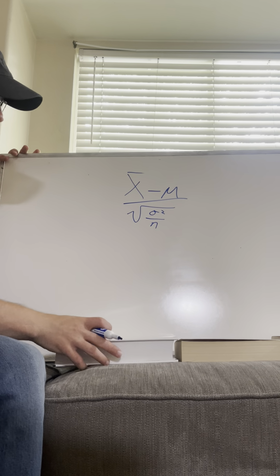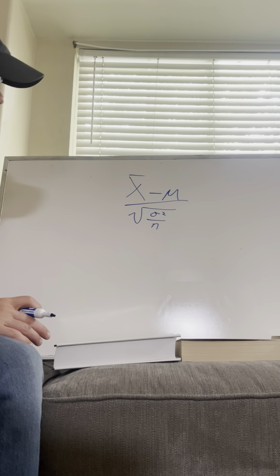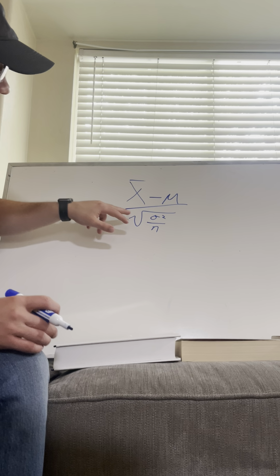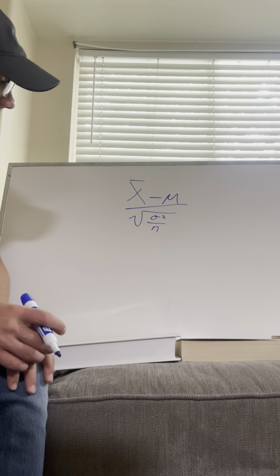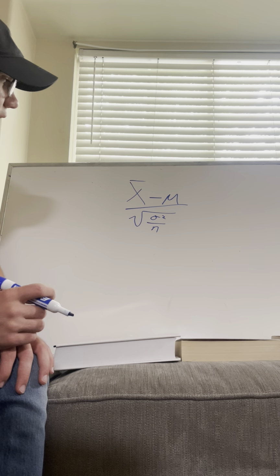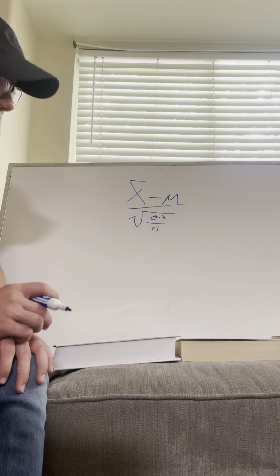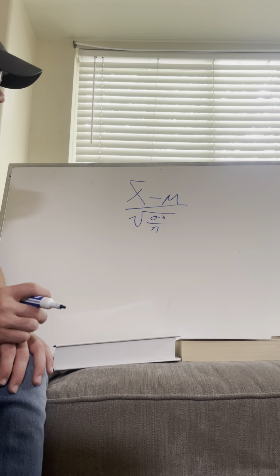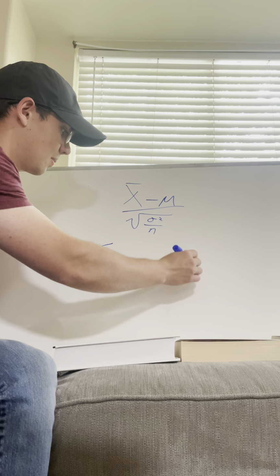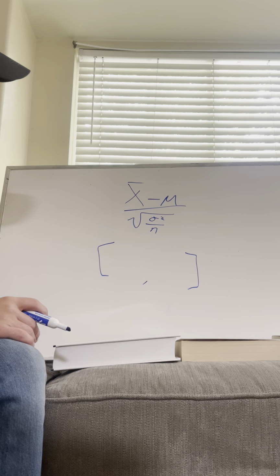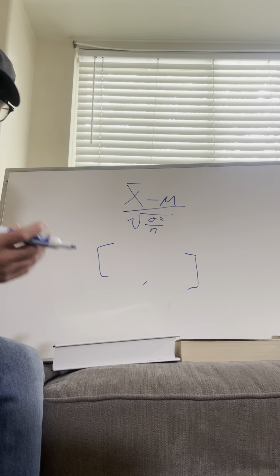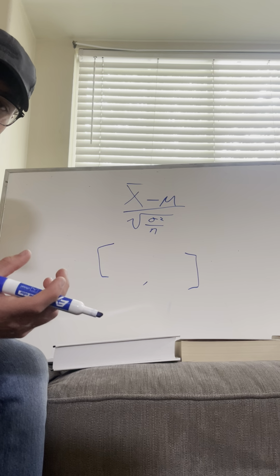When we plug in our sample mean as well as our variance and our sample size, this is going to yield for us a margin of error for our confidence interval. So essentially the idea is that we solve this in order to get mu by itself, the true population mean.